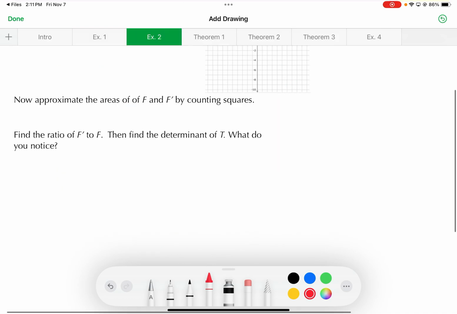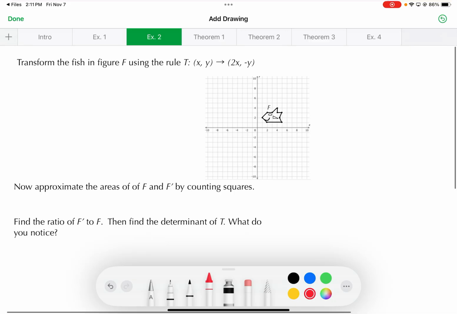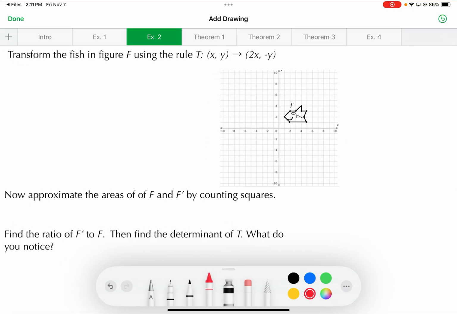Okay, example 2. So here I've got a fish already created for us. I want to transform the fish in this figure, we'll call that figure F, using the transformation rule that the original point xy maps to 2x, negative y. Okay, and we'll take the same approach that we just did.